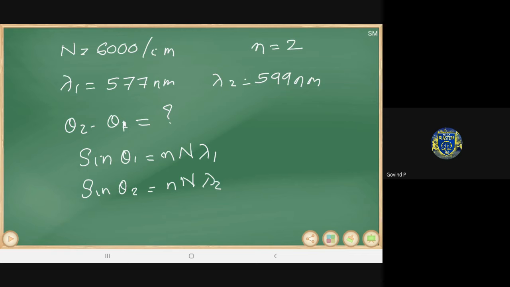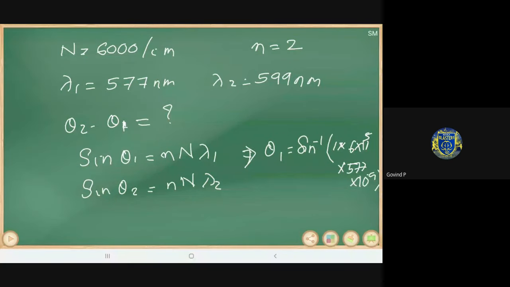Okay, so direct substitution. Theta 1 is equal to sin inverse of 1 into 6,000, that you have to make into meter. 6,000 per centimeter, so 6 into 10 to the power 5 per meter, into lambda, which is 577 nanometer, so 577 into 10 to the power minus 9.